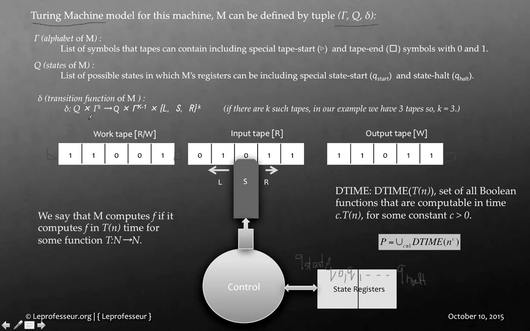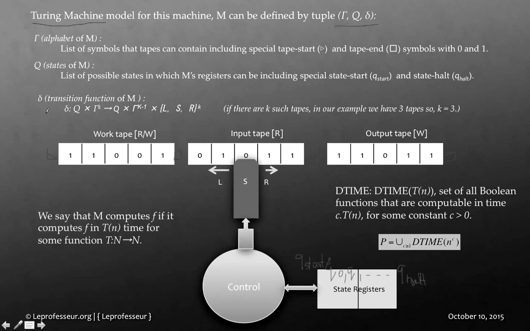This transition function is simply mapping that I am in this Q state and what symbols I am reading, either from the work tape or from the input tape, and then in which state I will be, and what alphabet I would be outputting, and then L, S, R means the head of the machine is going to move left, right, or stay in this position. So it's simply a transition function.